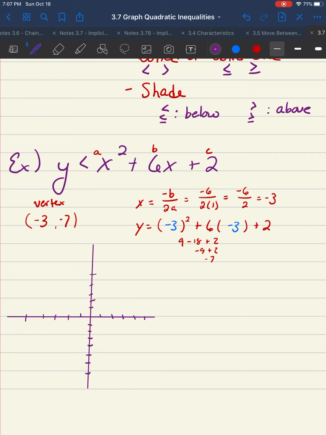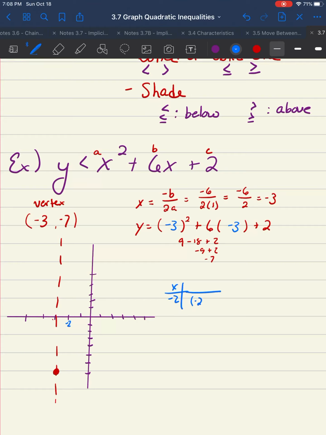So I found my vertex, negative 3, negative 7. So I'm going to go to my grid, my axes, and I'm going to plot my vertex, -3, -7. And I'm going to draw my axis of symmetry still.